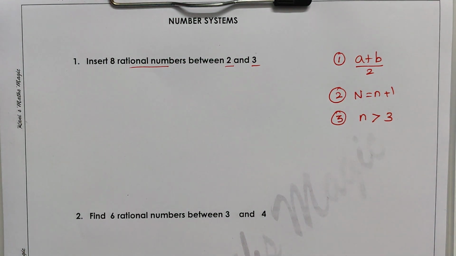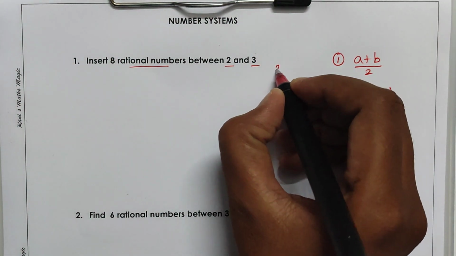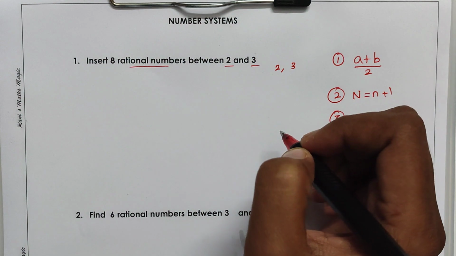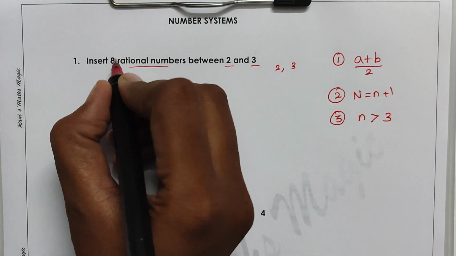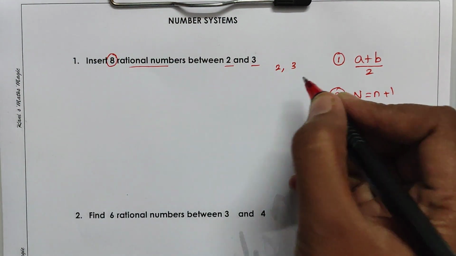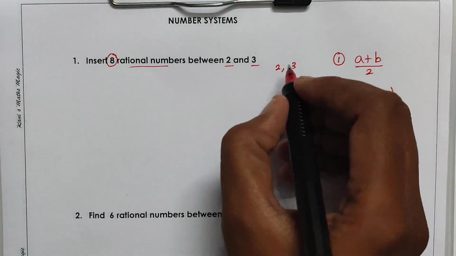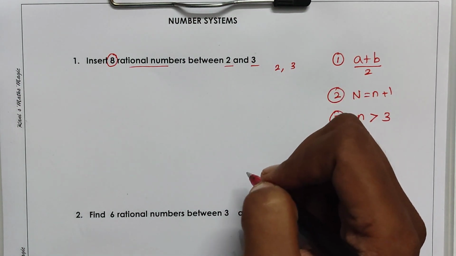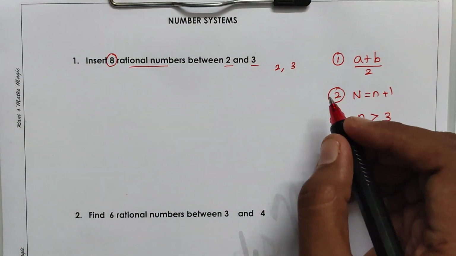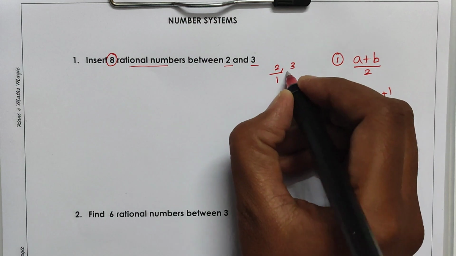So in this video we are going to concentrate on whole numbers. Here 2 is a whole number and 3 is a whole number, but we are going to find 8 rational numbers between these two whole numbers. First of all, we have to convert each whole number into a rational number. Any whole number can be converted into a rational number by just placing 1 at the bottom.